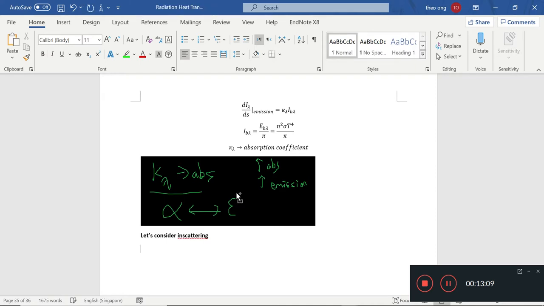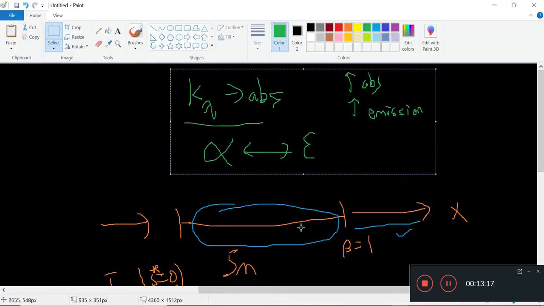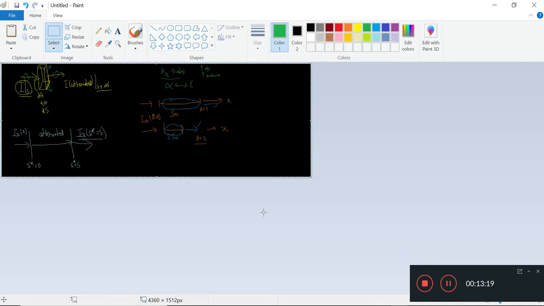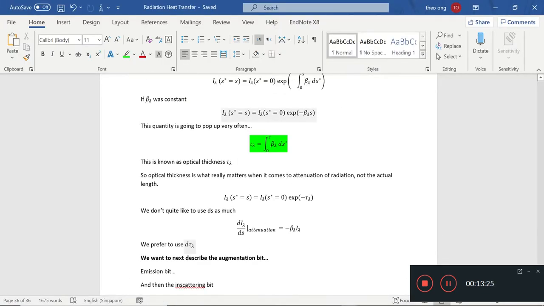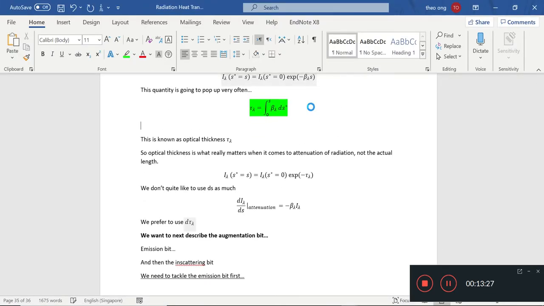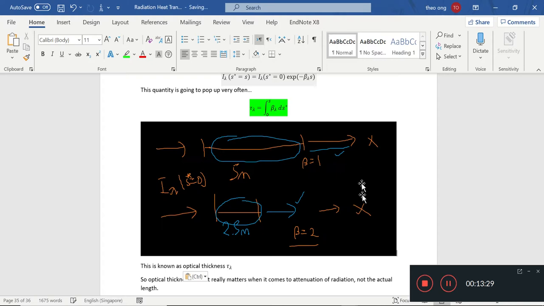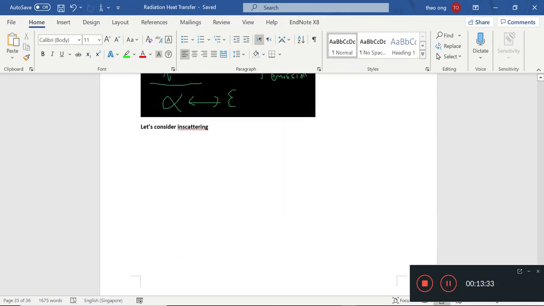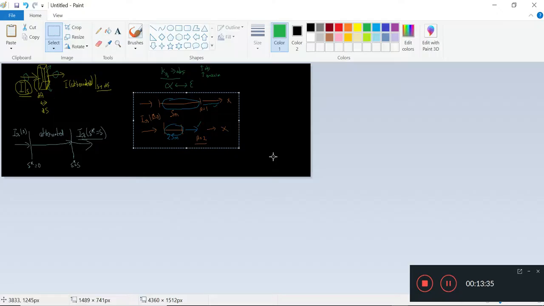This is what actually makes the radiation transfer equation complicated, so let's start breaking the problem down. Let me use this optical thickness diagram, and I'll paste it here as a comparison of why optical thickness is important. But we'll consider scattering now.